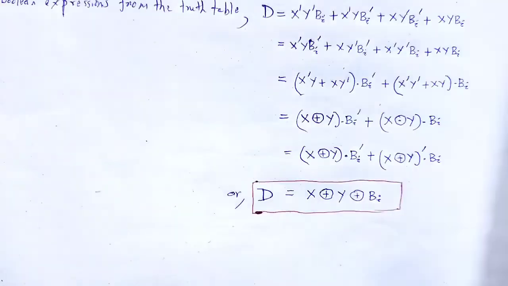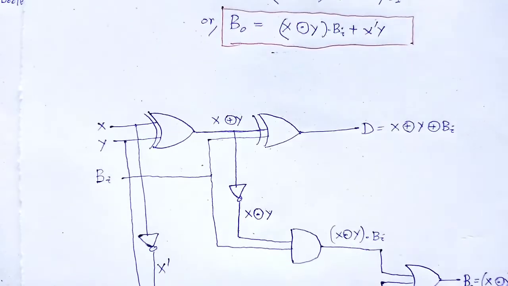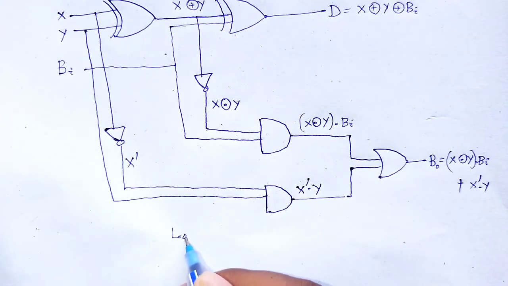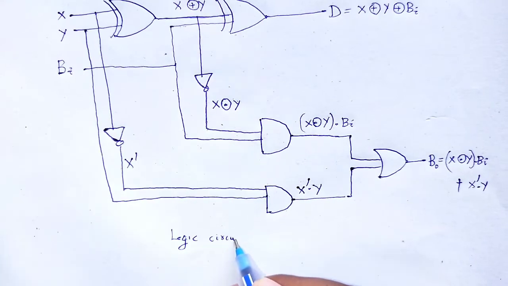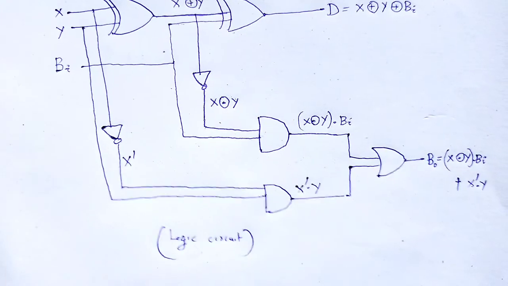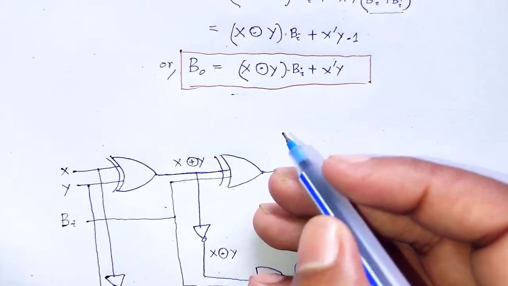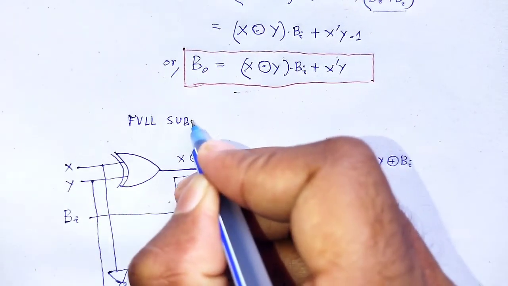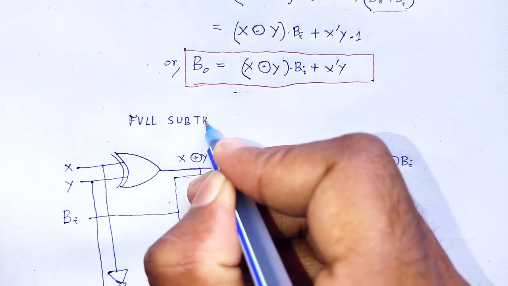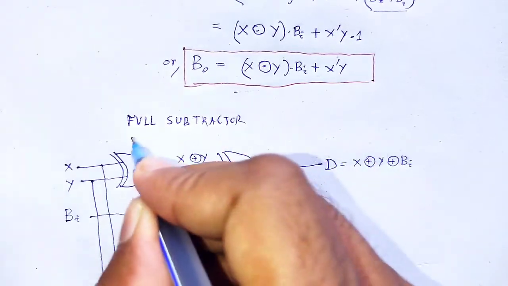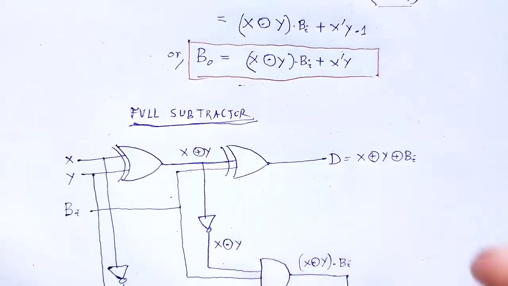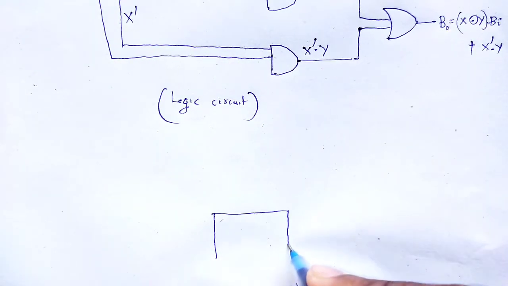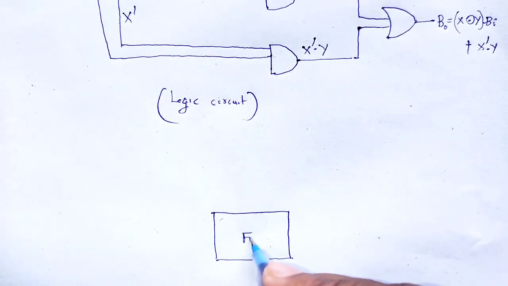From these two Boolean expressions we draw the logic circuit, that is the logic circuit for full subtractor. And in logic symbol we represent it as a full subtractor.